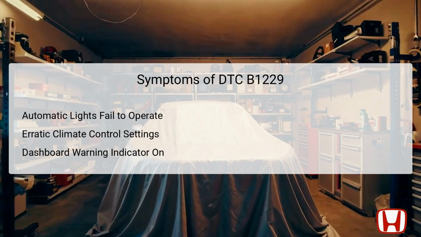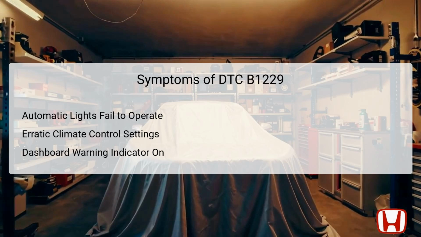Symptoms associated with DTC B1229 can significantly impact the driving experience in your Honda Accord. One of the primary symptoms is the automatic lights failing to operate as intended. They may not turn on at all or could remain on when not needed.